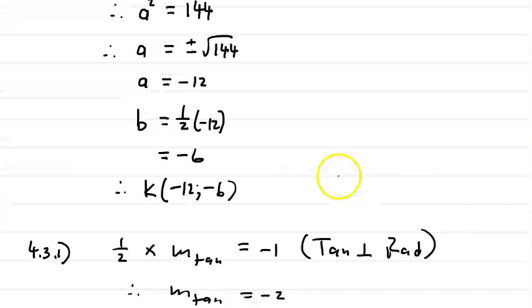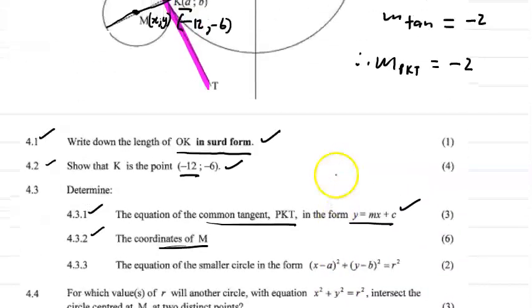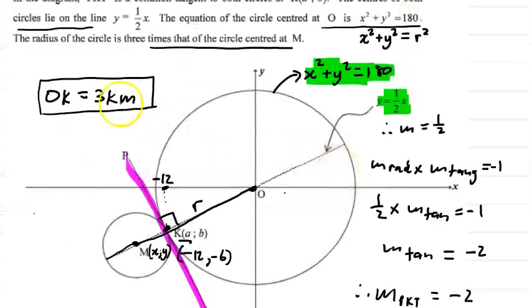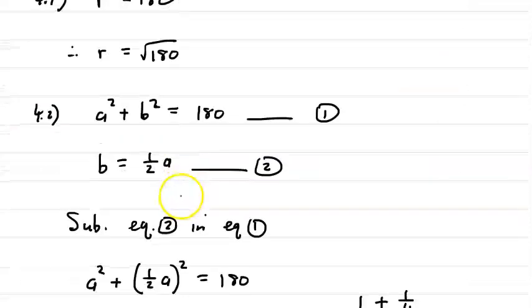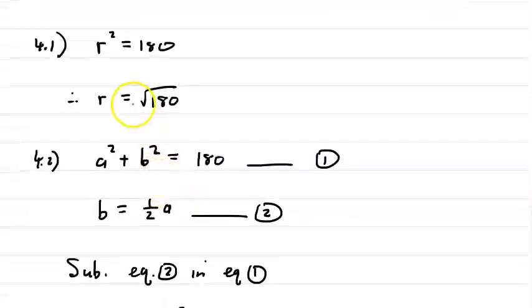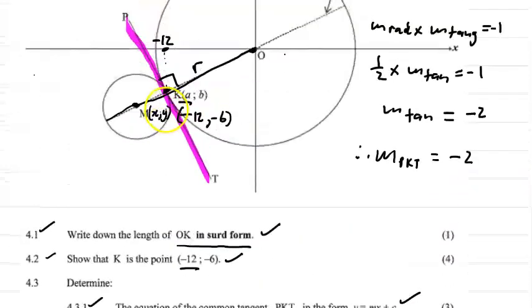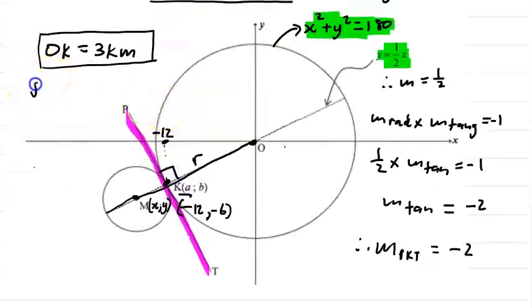Now KM all squared. So let's have a look at that. So what do we know about KM? Well, first of all, we've already worked out OK in surd form, which is R. So OK is basically the square root of 180. So OK, the square root of 180, equals 3 times KM.